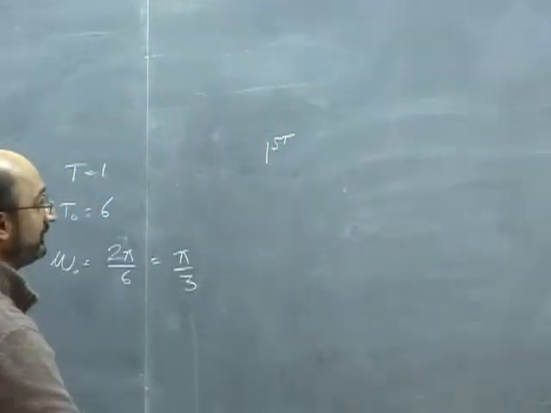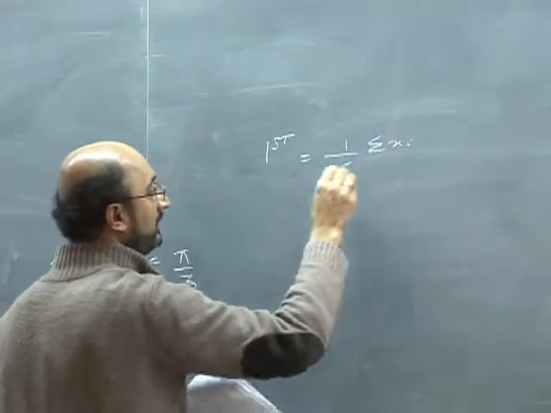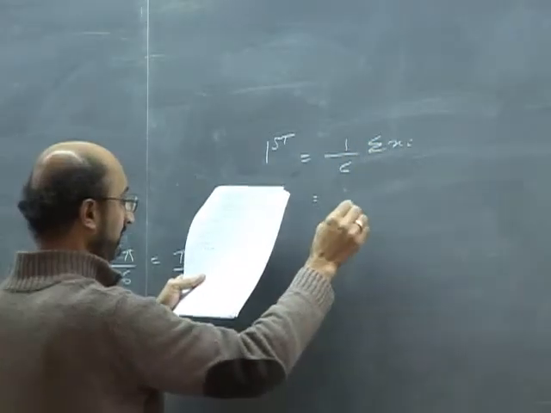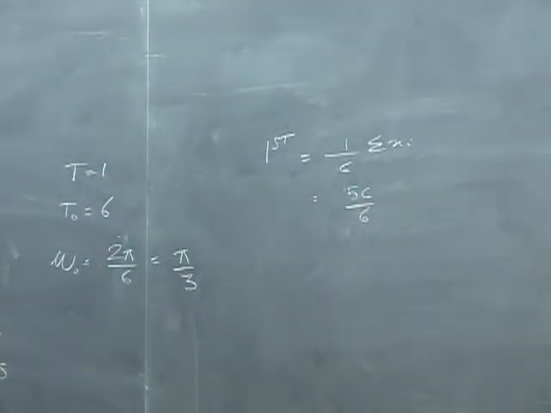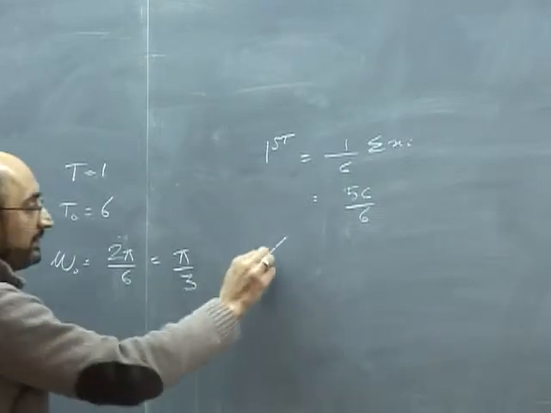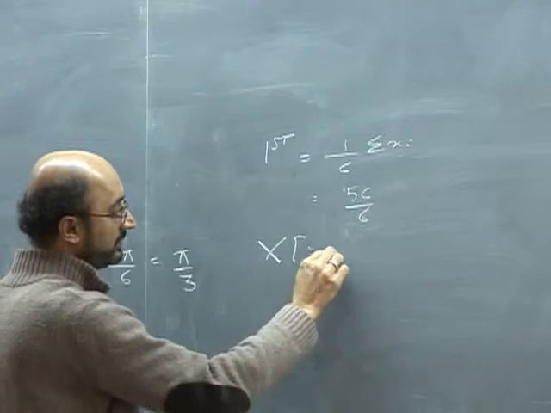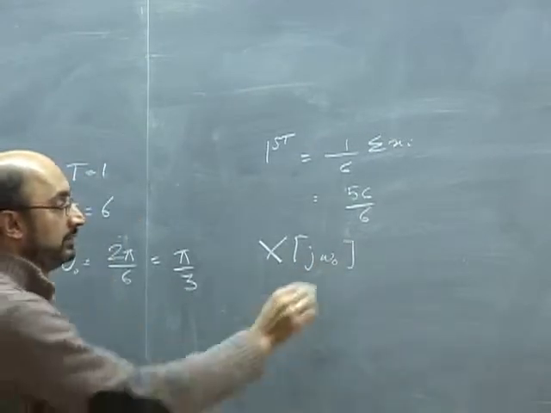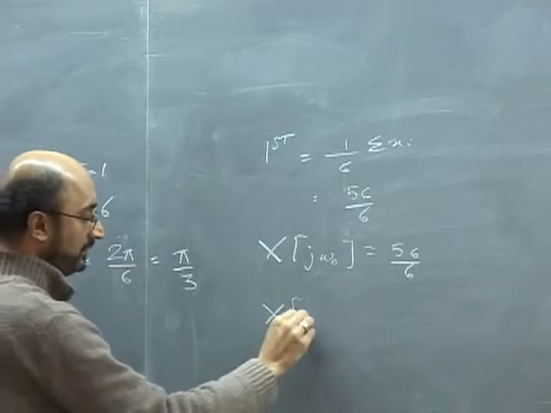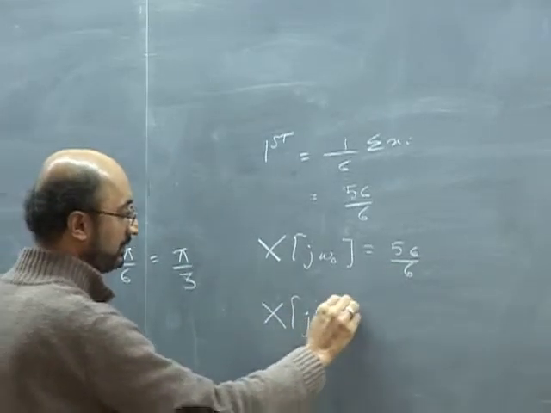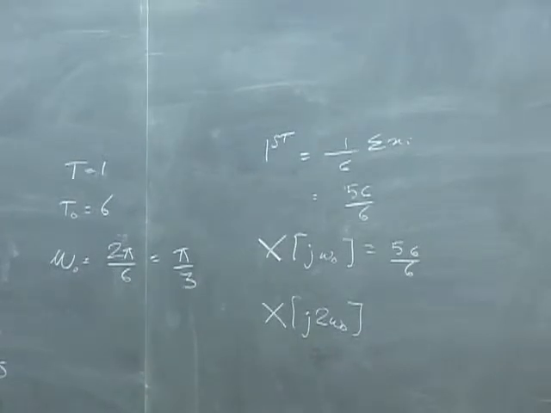So in this case, the first coefficient is going to be given by 1 over 6 sigma x[i], and this is just going to be 56 over 6, whatever that is. Okay, that's the first Fourier coefficient. That's going to be capital X of j 1 omega naught equals 56 by 6.